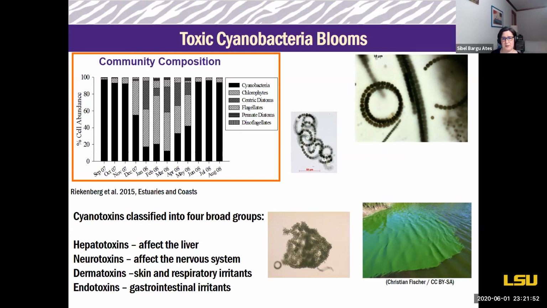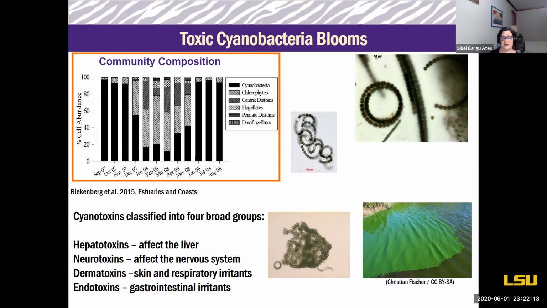And the toxins they produce can be more than one type. Depending on the impact in humans, these cyanotoxins can be categorized into broader groups. Hepatotoxins affect the liver. Neurotoxins affect the nervous system.